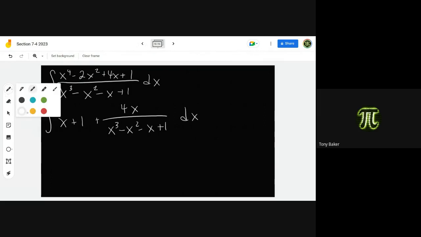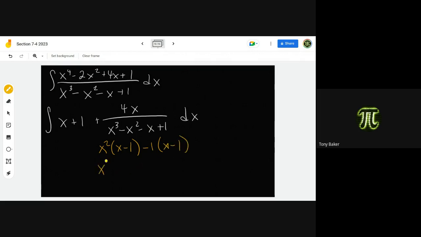We have to factor this bottom. The nice thing is it's 4 pieces, so let's see if we can pull stuff out of either side first. I can pull out an x squared out of this side, and I'm left with x minus 1. And I can pull out a negative 1 out of this one, and I'm left with x minus 1. So I have x squared minus 1, x minus 1.